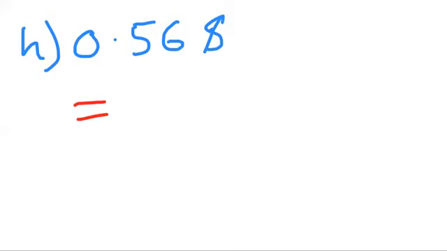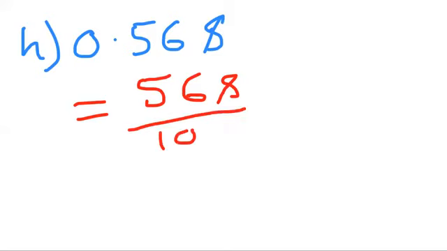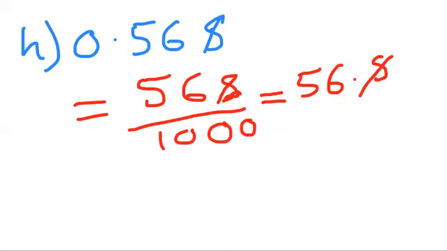Just say it equals 568 out of 1,000 first. This is true, right? From the previous class, we were taking things to fractions this way. So this one would be 56.8 out of 100, right?